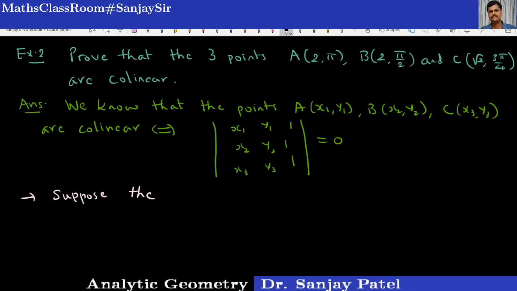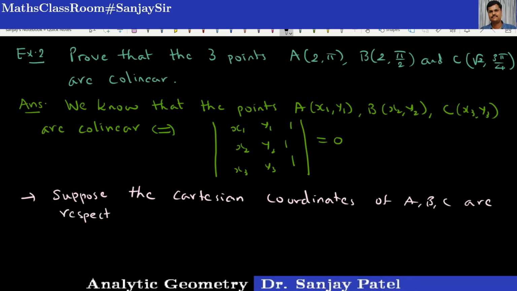Suppose the Cartesian coordinates of A, B and C are respectively say x1 y1, x2 y2 and x3 comma y3.